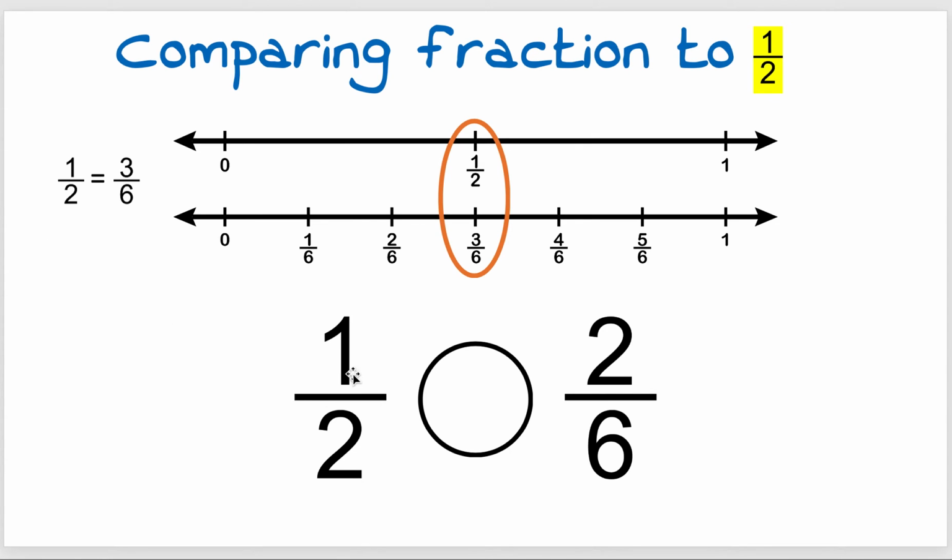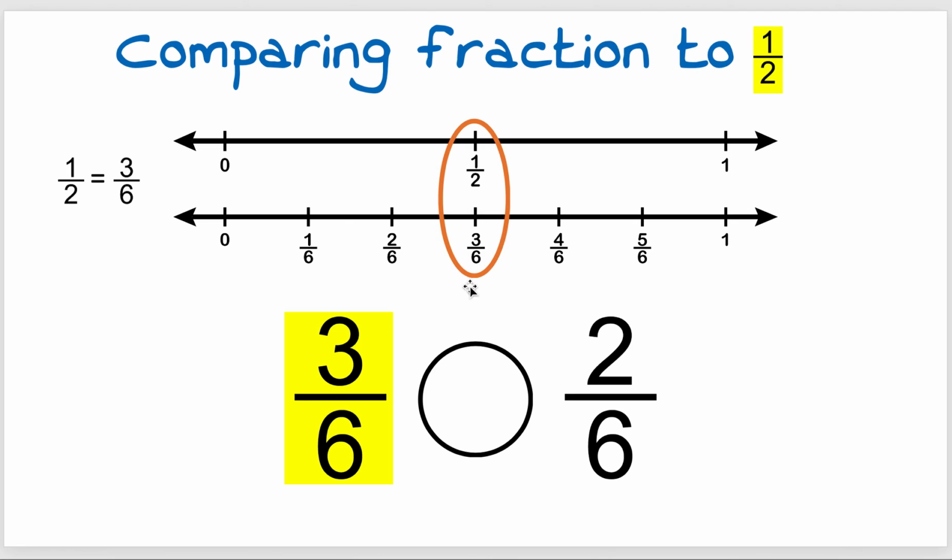So if I'm trying to figure out which is bigger, 1/2 or 2/6, and I know that 3/6 is the same as 1/2, then I can replace my 1/2 with, you got it, 3/6. They're the same thing.